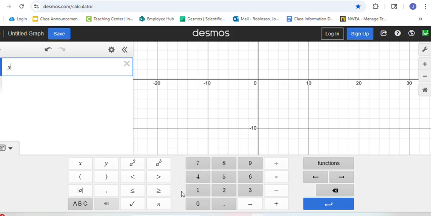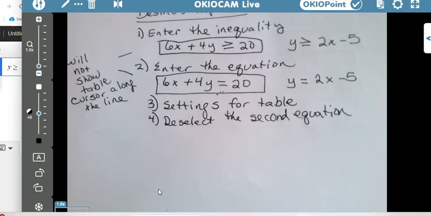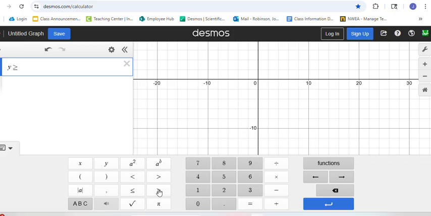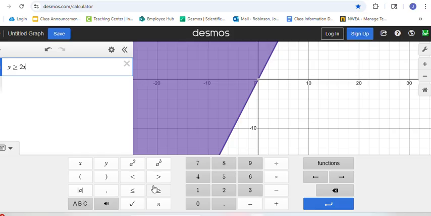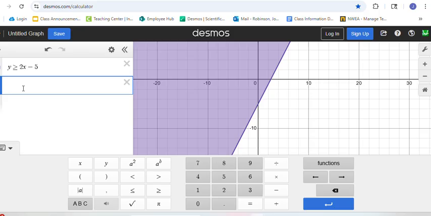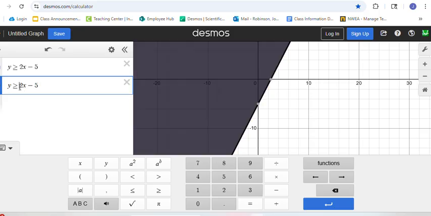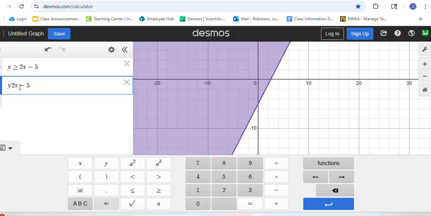It cannot be a capital Y. Desmos going to look at me like, what? Alright, so y is greater than 2x minus 5. Now, shortcut, because I like to save time. I'm going to highlight it, Control C, go down here, Control V, change that inequality symbol to an equal sign.